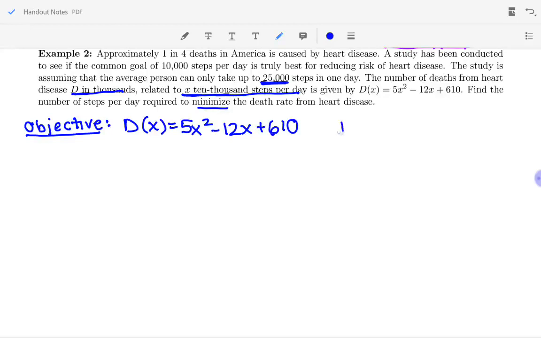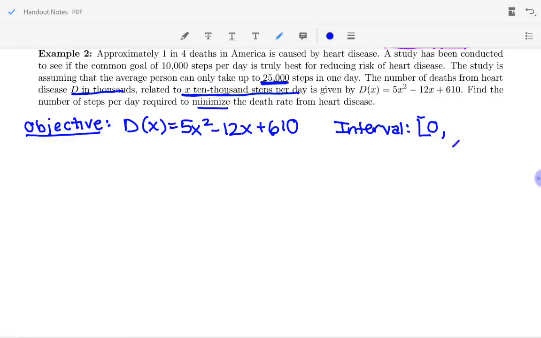The other thing we need is our interval, which represents our x values. Our least amount of steps we can take is 0, and our highest amount is supposed to be 25,000. The trick here is it's not actually plugging in 25,000, because you're going to get a crazy answer. We want to remember x is in 10,000s.